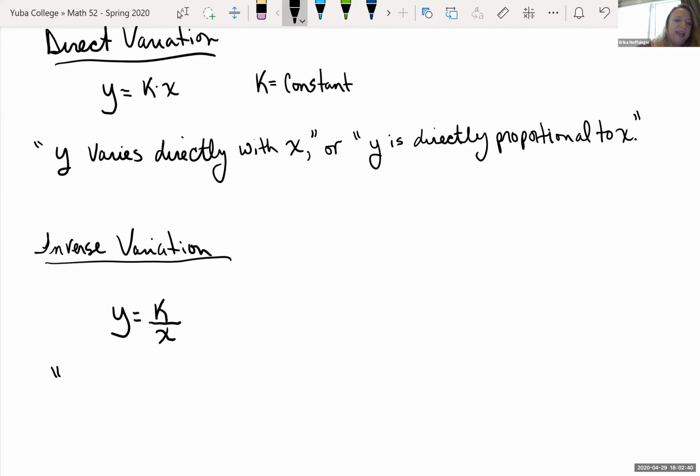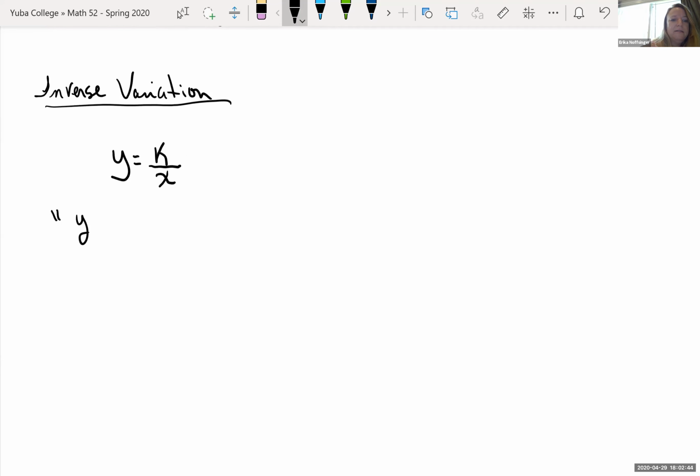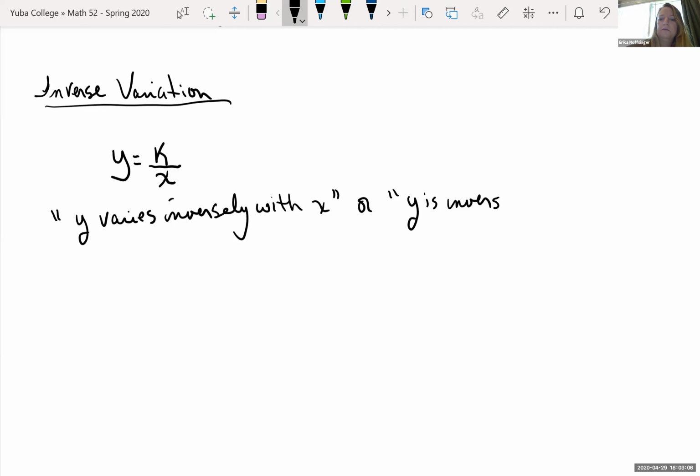And here we would say y varies inversely with x, or y is inversely proportional to x.